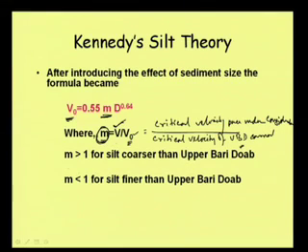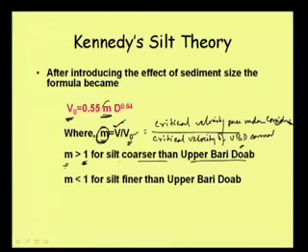So, m is greater than 1 for silt coarser than the upper Bari Doab canal region. That means, suppose for the upper Bari Doab canal region we have a V0 value, and if the silt size in a different region is larger than in the upper Bari Doab channel region, then definitely the critical velocity will be larger.